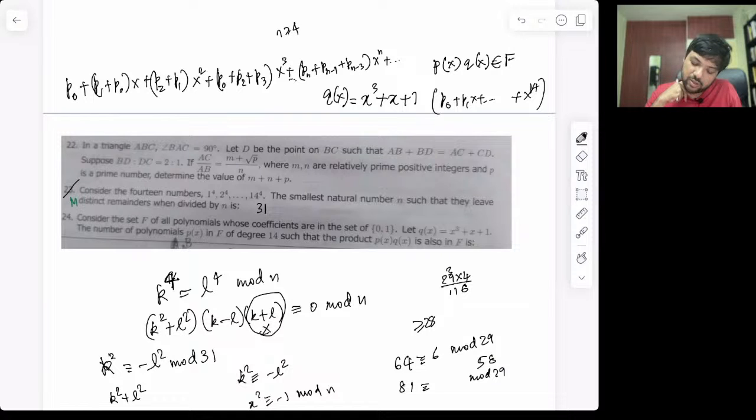If p0 is 0, then it will start from x onwards, right? So it's like a degree 13 polynomial multiplied by x. So would that help me do a recursion? How many degree 14 polynomials? p0 is 0 or not? If p0 is 1, what happens?